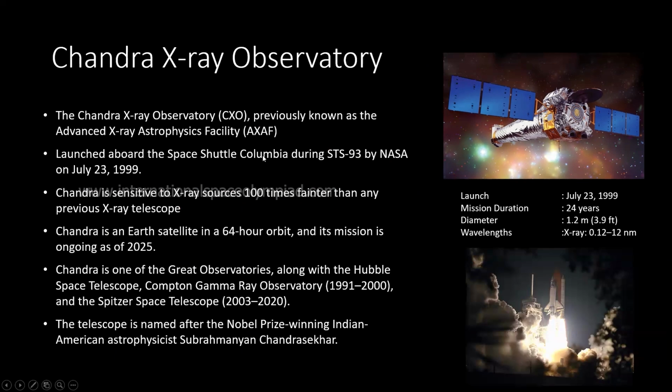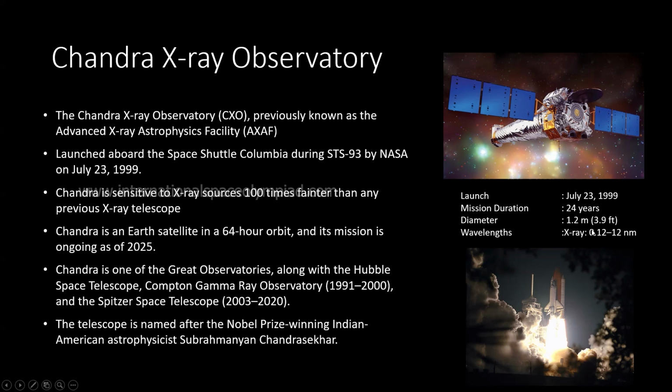Now, another best example, one of the most famous X-ray observatories, is the Chandra X-ray Observatory. Here you can see. It was launched on July 23, 1999, and the mission duration is already 24 years. I think, yeah, coming July it becomes 25 years.